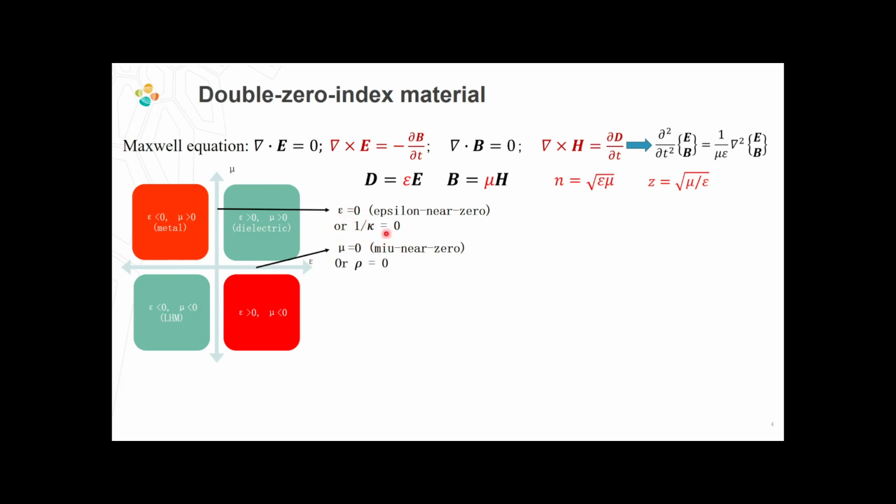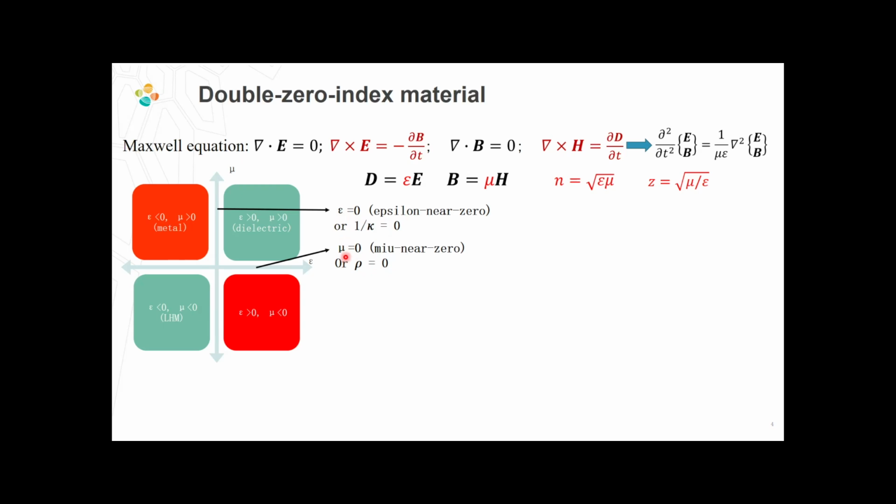That means 1 over the bulk modulus equal to 0 is equivalent to epsilon equal to 0, and rho equal to 0, meaning the density equals 0, is equivalent to the mu equal to 0 case in electromagnetics, because acoustic waves and electromagnetic waves have certain correspondence in two-dimensional geometries.